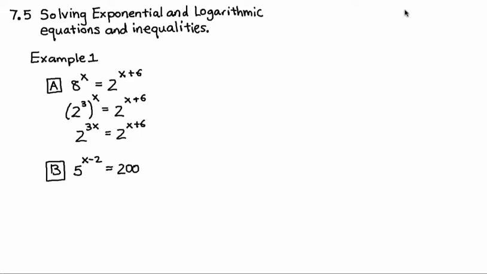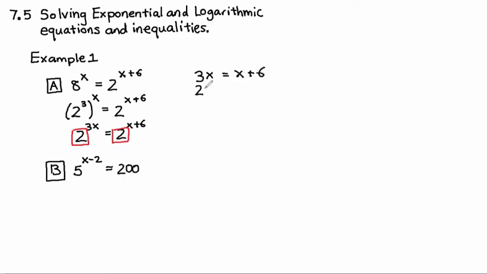So now both sides of my equation have a base of 2, and when the base is the same for both sides, like this, you can drop the bases. And I'm allowed to establish the equation 3x is equal to x plus 6.